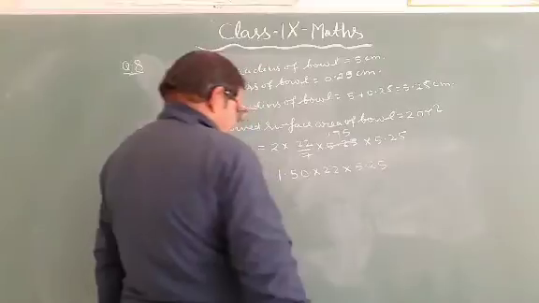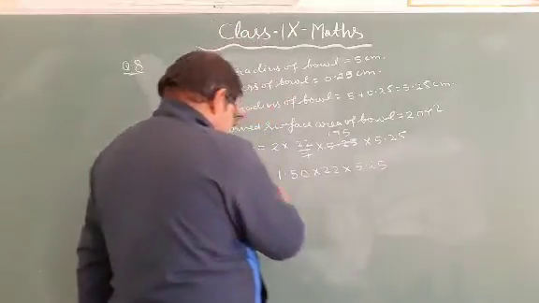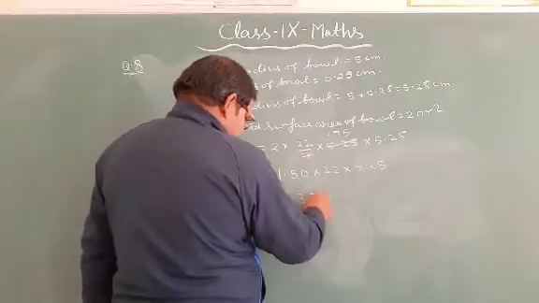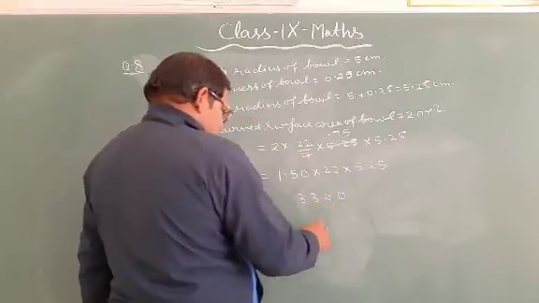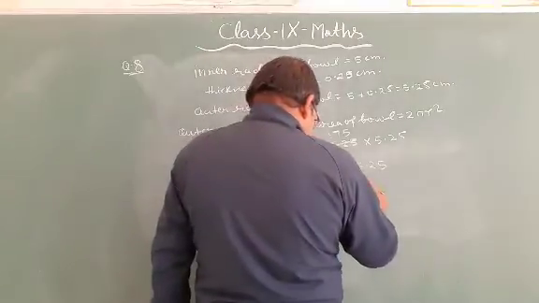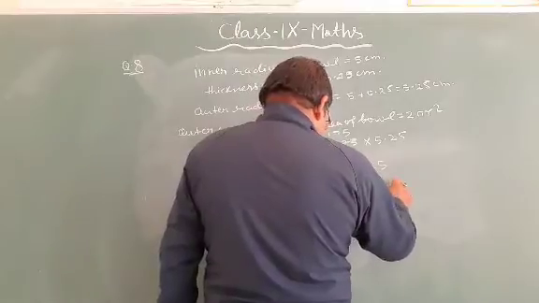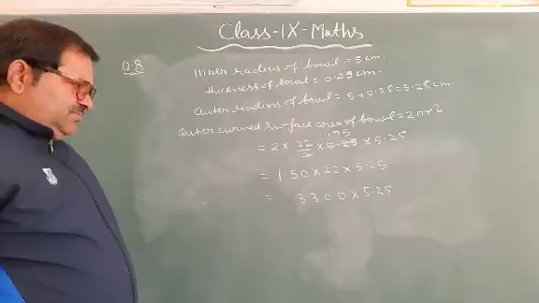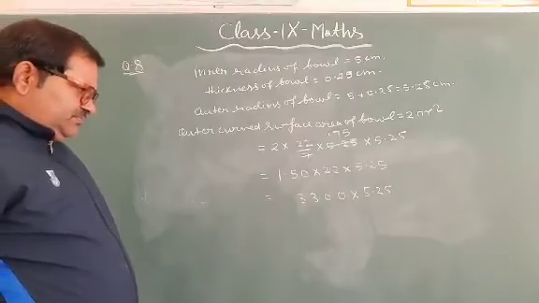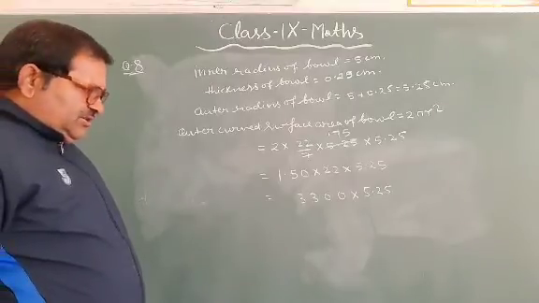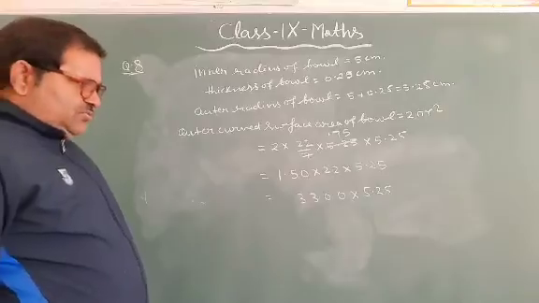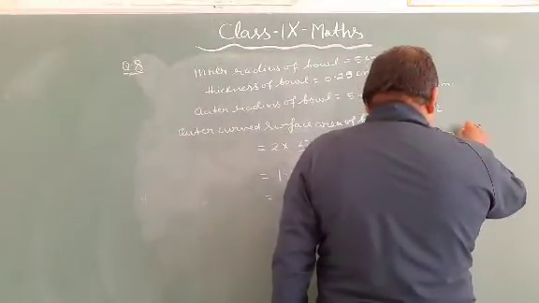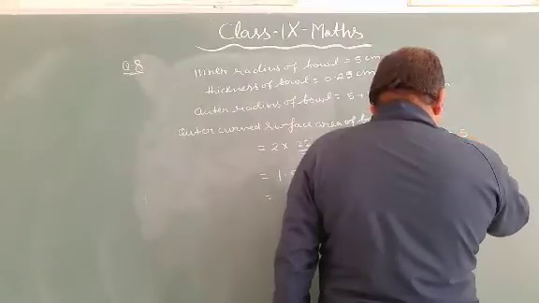Now we multiply 33 into 5.25. 33.00 into 5.25. Now we multiply 5 into 33.